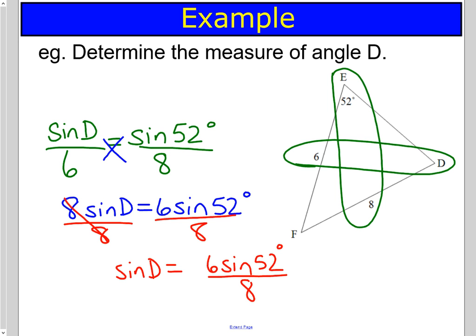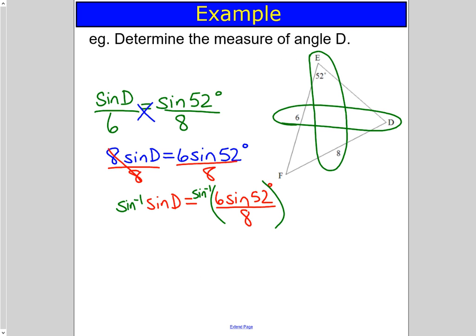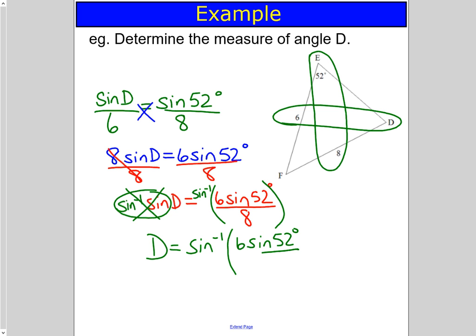And then I need to get rid of this sine right here. Remember, to get rid of a trig ratio, you multiply by the inverse. So a sine inverse of this whole thing. So sine inverse and sine cancel, leaving me with just angle D, which is what I want.